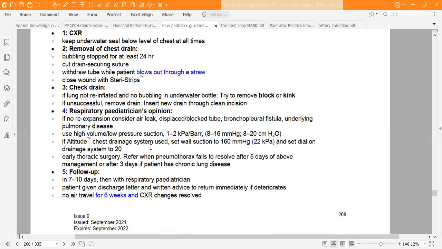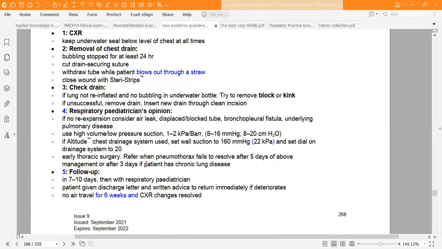If an altitude chest drain system is available, use it. Wall suction 260. So those are the parameters of the system itself. You don't need to know every single detail; you are not going to be asked about all these details in the exam.